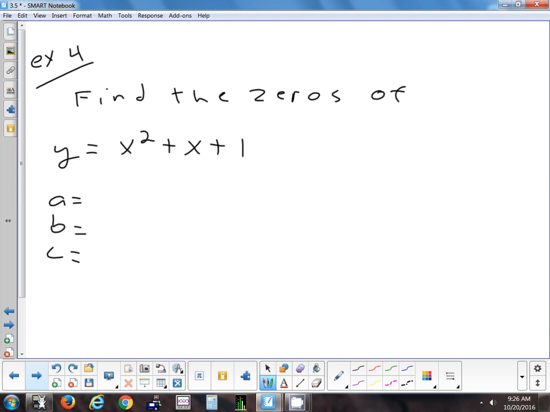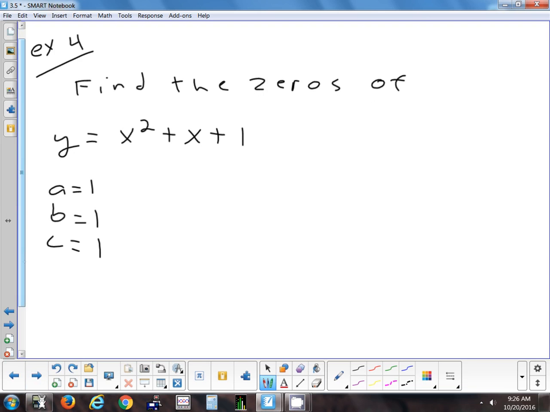So when I start to plug into the formula, what's A? 1. B? 1. C? 1. Okay, so let's fill in our quadratic formula and see what we get. How does the quadratic formula start? Negative B. Yep. Plus or minus the square root of B to the second. Yep.